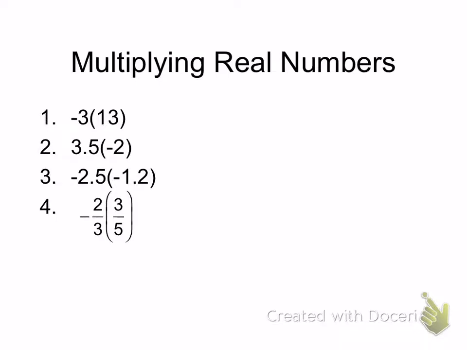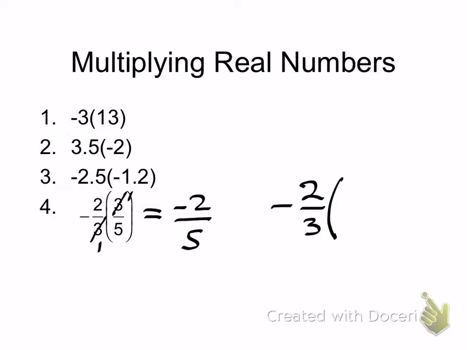Multiplying fractions. What am I really doing? Do I need a common denominator? No. Multiply straight across. If you can, cross cancel. We can cross cancel, and then I'm left with negative 2 over 5. Otherwise, if I can't cross cancel, I just multiply straight across.